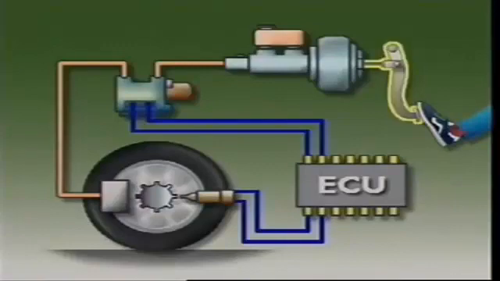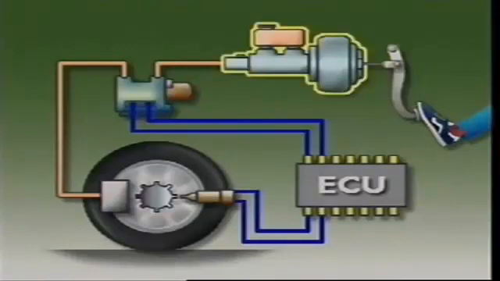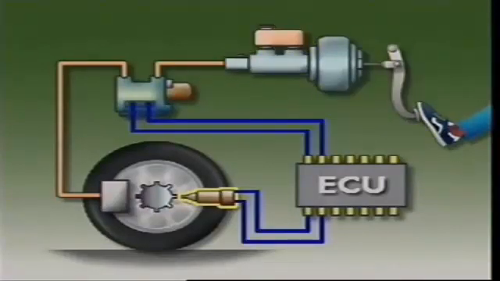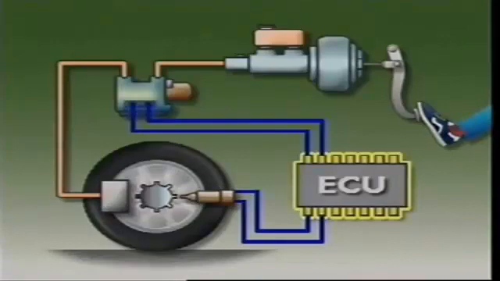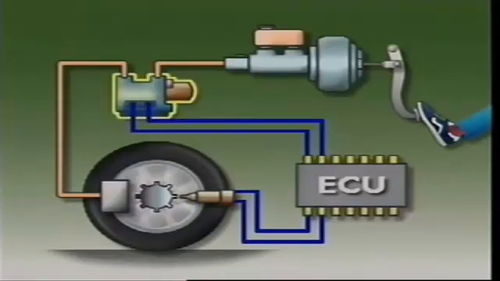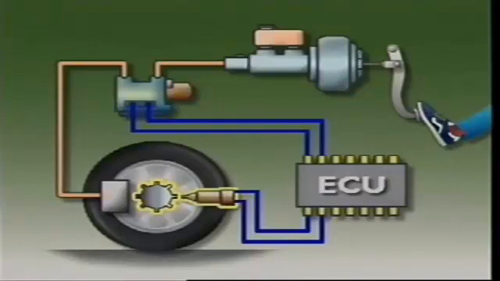It consists of a brake pedal, a master cylinder, wheel speed sensors, the electronic control unit or ECU, and the hydraulic control unit, also called a hydraulic modulator. The wheel speed sensor consists of a notched or toothed rotor that rotates with each wheel and a pickup.